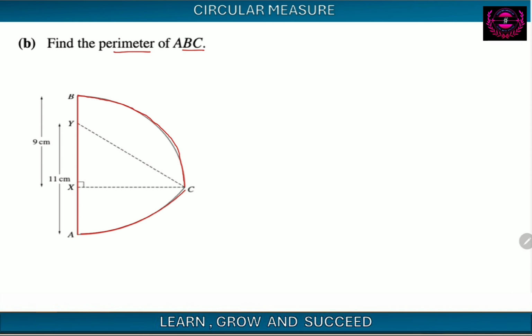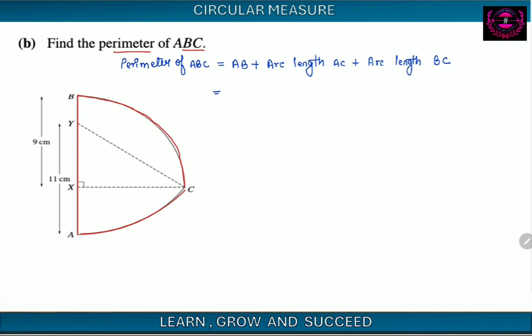So perimeter of ABC is AB plus arc length AC plus arc length BC.